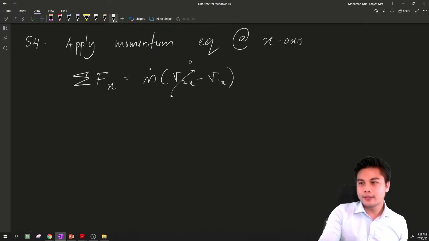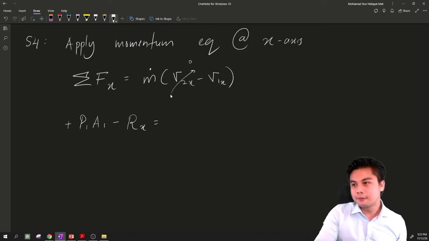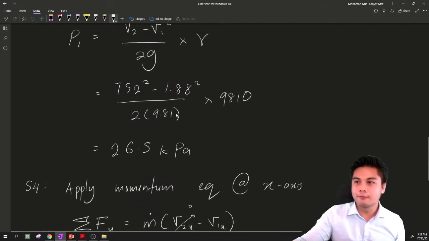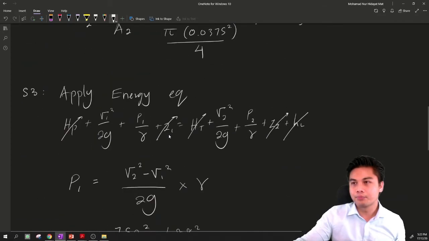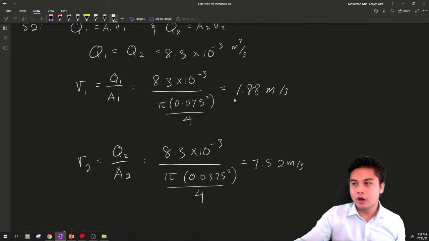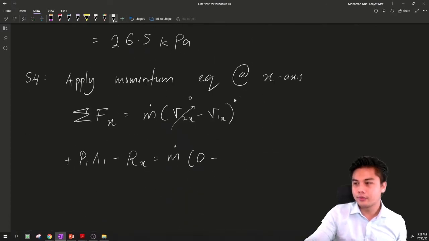So P1A1 is positive minus Rx equal to mass flow rate times 0 minus V1. V1 in this case is aligned with V1x, earlier we got 1.88.